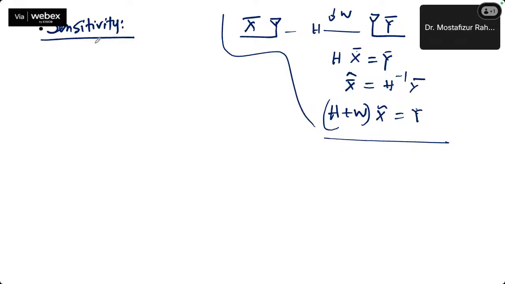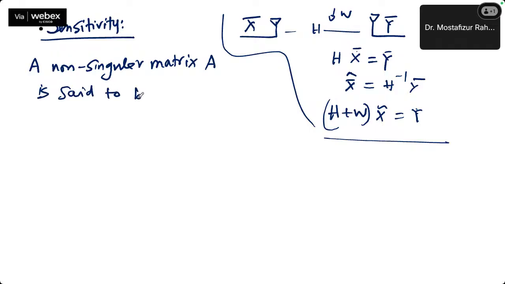So that's why there is a term called sensitivity. So what is that? A non-singular matrix A is said to be ill-conditioned. This word is important.